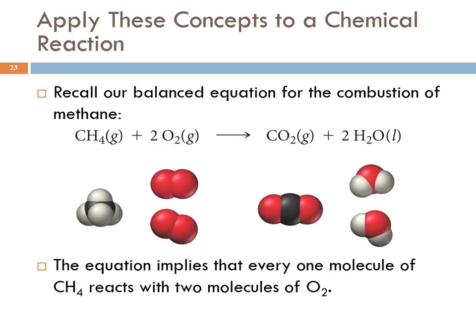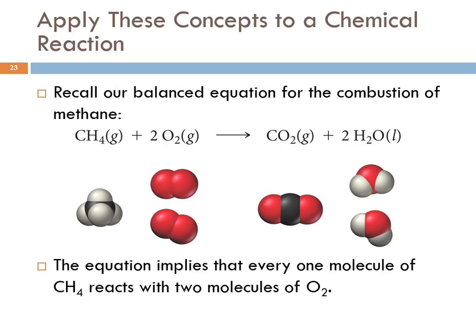So let's apply this to a chemical reaction. We were looking at this reaction earlier, methane plus oxygen, forming carbon dioxide and water. And we look at this picture representation, and we see one of these and 2 of those, and you can imagine pulling these little models apart and putting them back together in a different way.